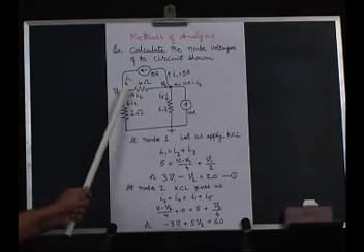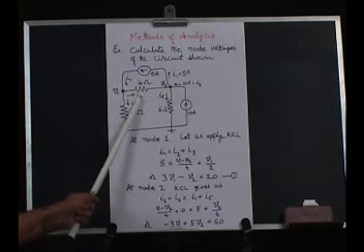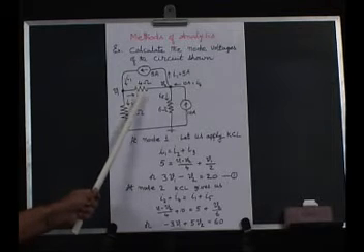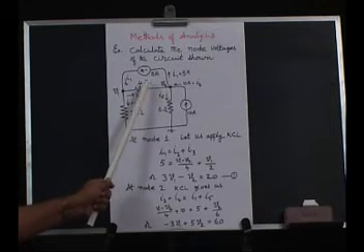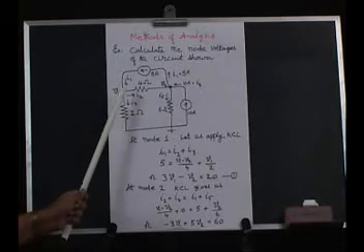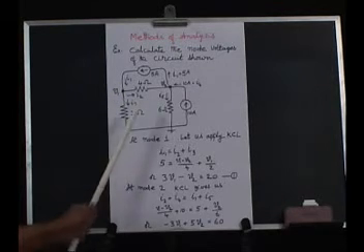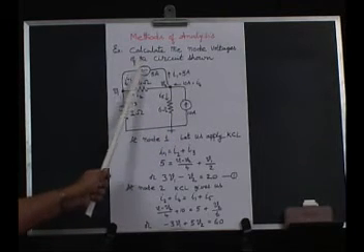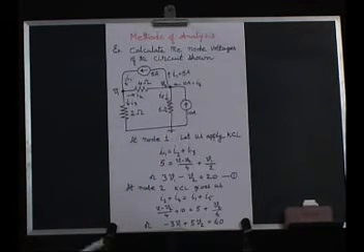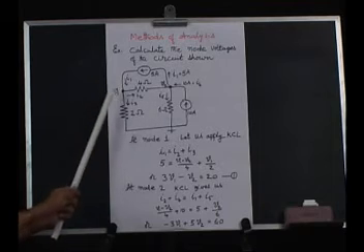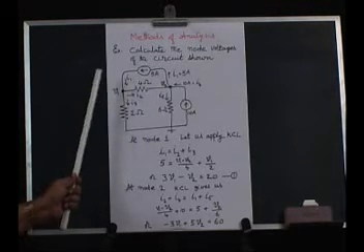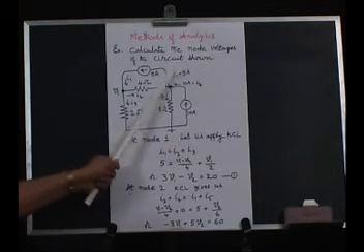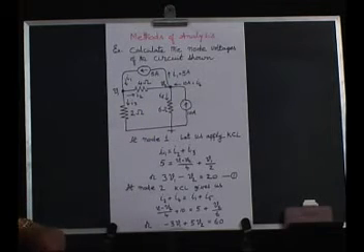Once we get V1 and V2, for instance, if we want to find the current I2, I2 is V1 minus V2 divided by 4 ohms. That's how we can find the current here or the power delivered by this source or this source. Once we find V1 and V2, we have found the solution of this particular network. That's how we analyze the node voltages.